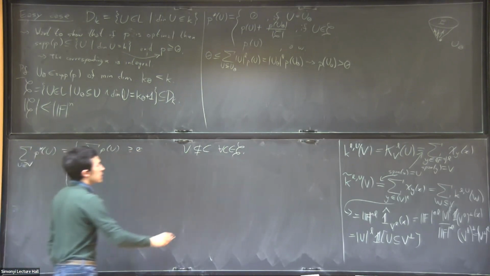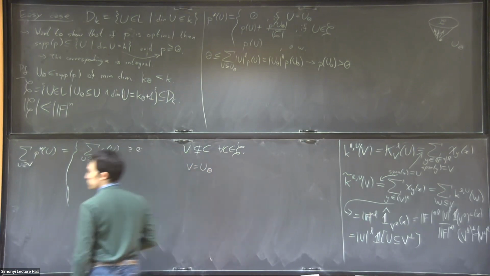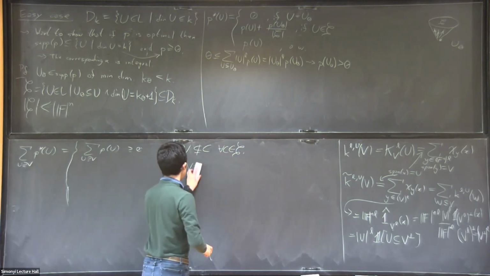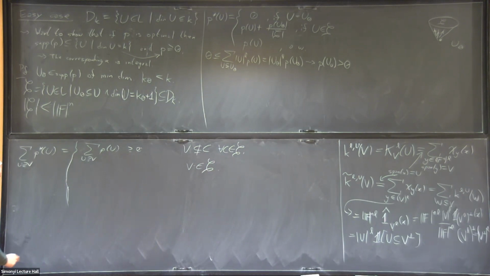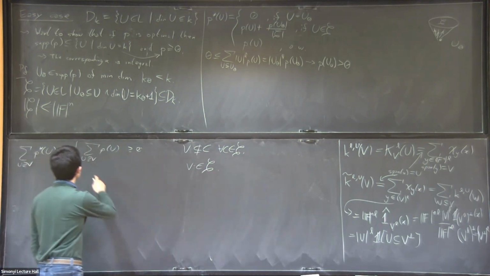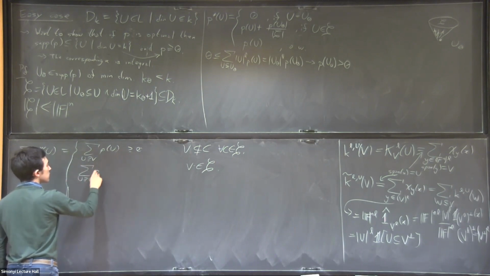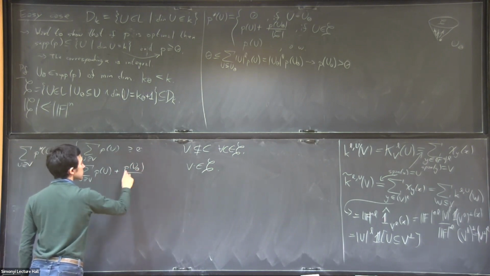Okay, then let's consider the case where V is in C. Then it's easy, because what you get is whatever you had before, but with some additional mass, right?